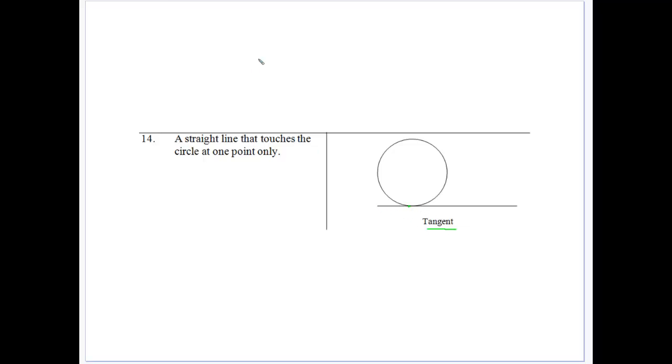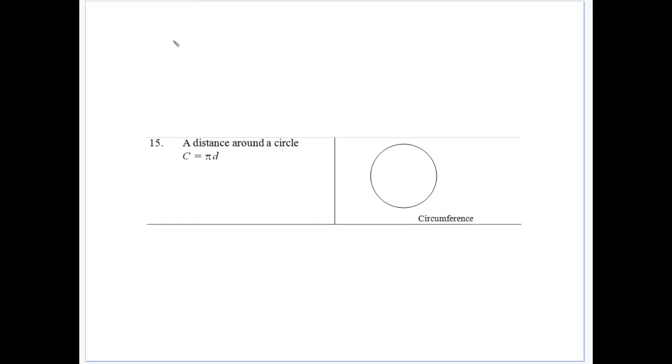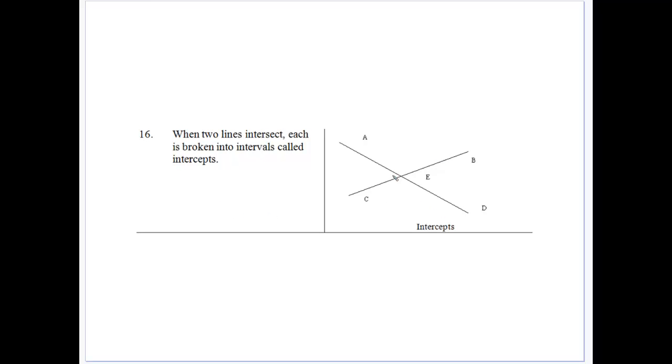It touches it at one place only, as opposed to the secant, which would cut it at 2 points. The distance around a circle is called a circumference. And the formula for that is pi times the diameter, or 2 times pi times the radius. We get two lines intersecting. Each interval is called an intercept. So we get intercepts where two lines will cut each other.